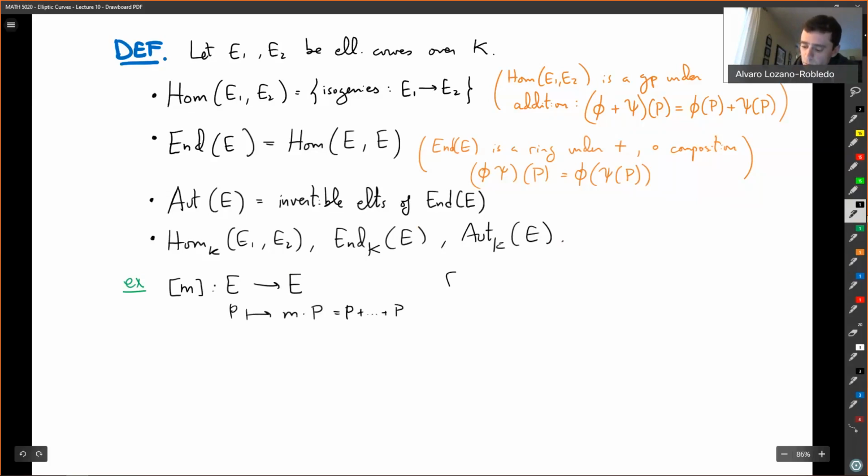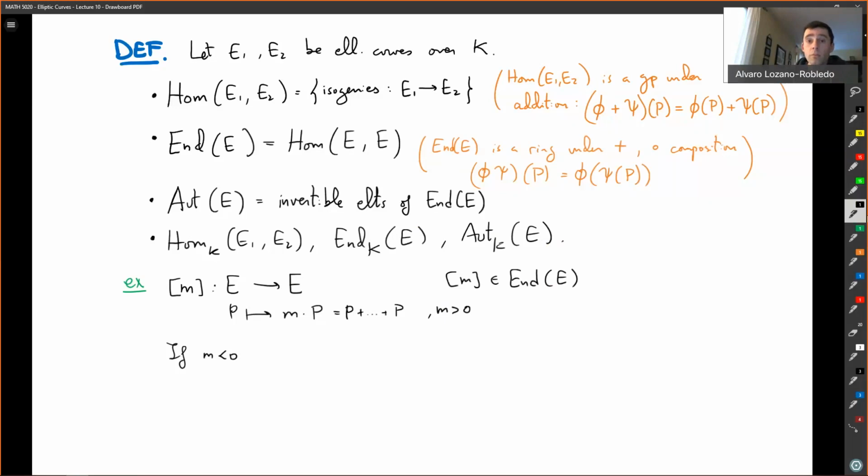So then [m] is an endomorphism. And this is for m bigger than 0. If m is negative, inversion, so minus, is also an endomorphism.